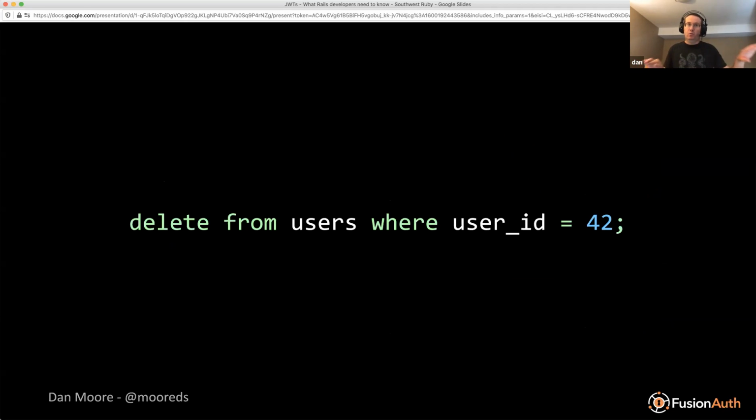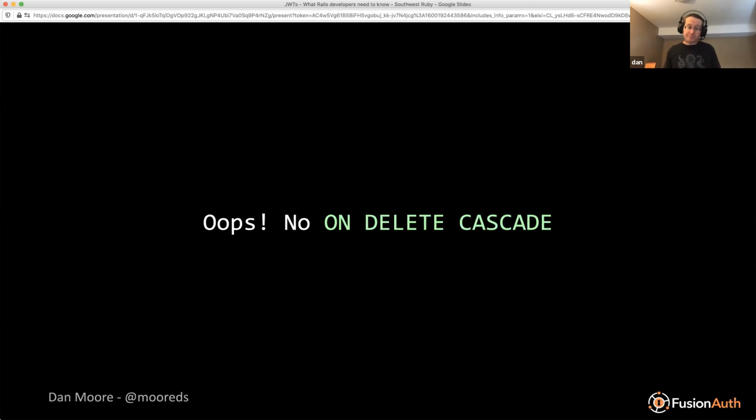Because you want to make sure that you don't have any basically orphaned to-dos when the user wants to delete their data, both for cleanliness of the data and also for some regulatory reasons, depending on where your customers are. In a distributed system, you don't have on-delete cascade. So how can you deal with this?